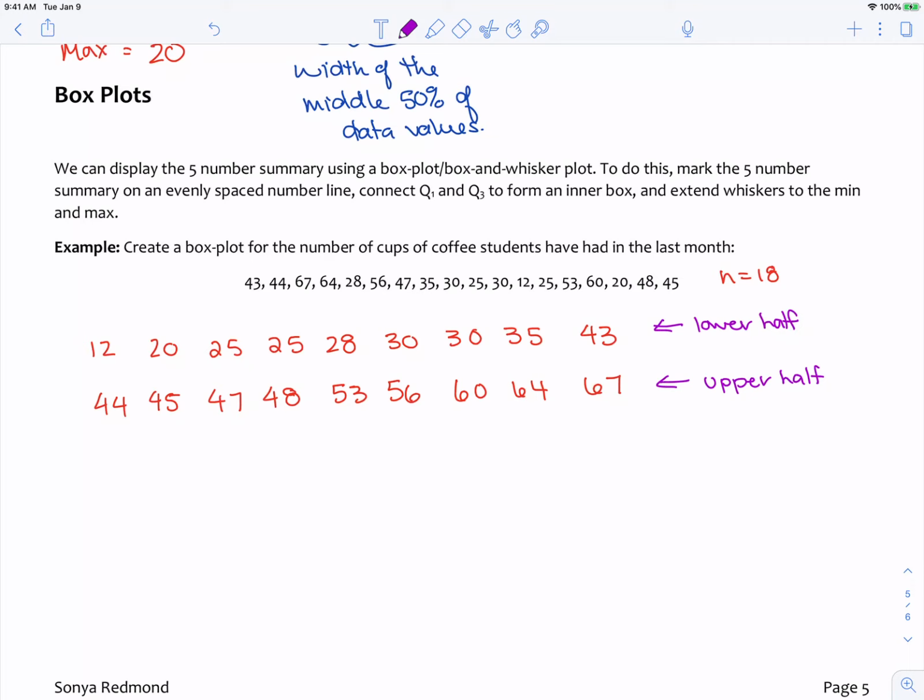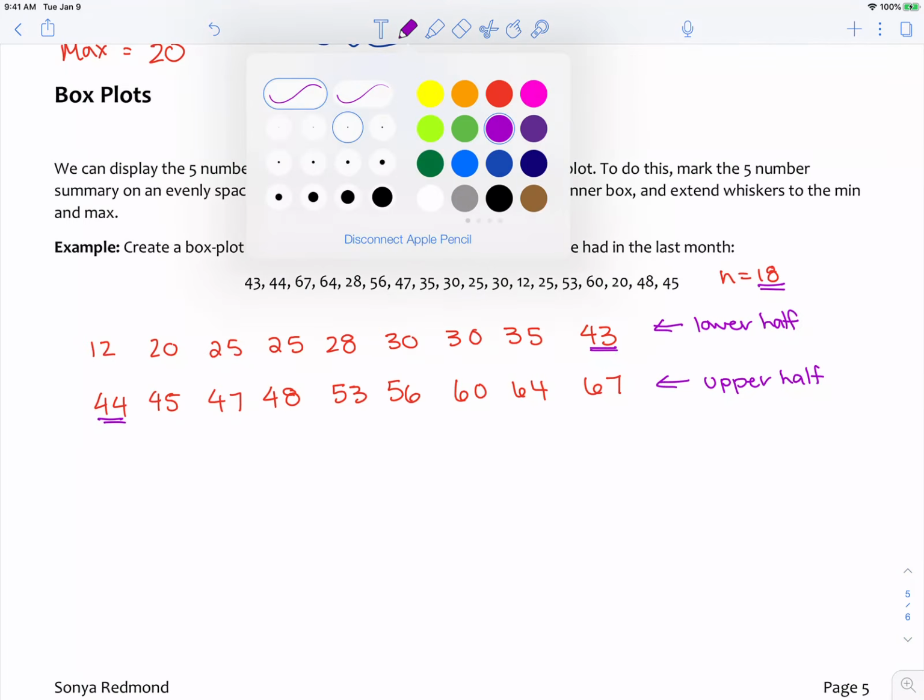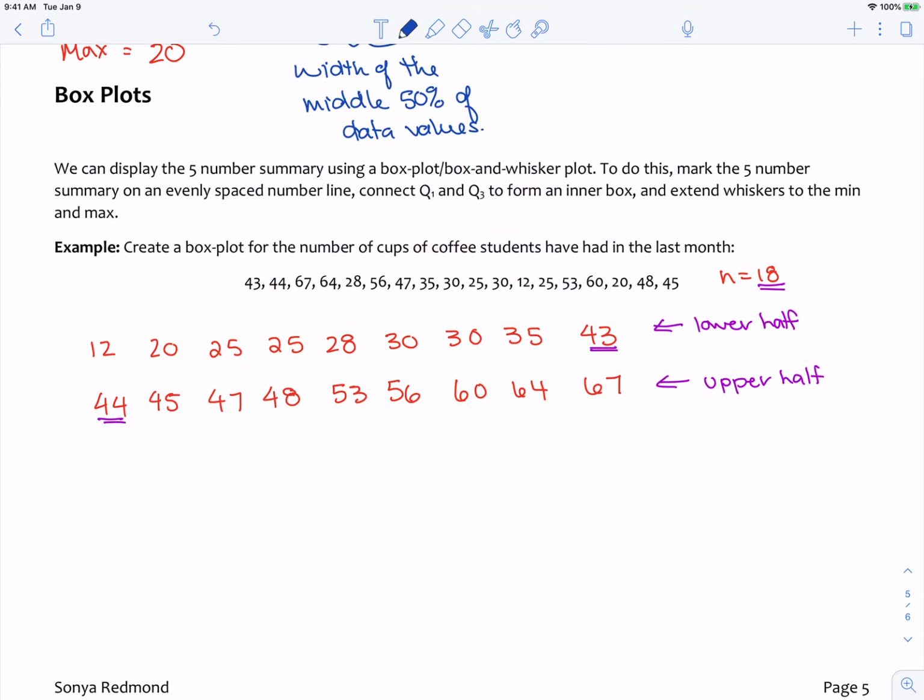And then the median: because I know I have an even data set size, my median will be the average of the middle pair of numbers. The middle pair of numbers is going to be the end value in this row and the first value in this row. All right, so my median, actually, I can just go through the whole 5-number summary.